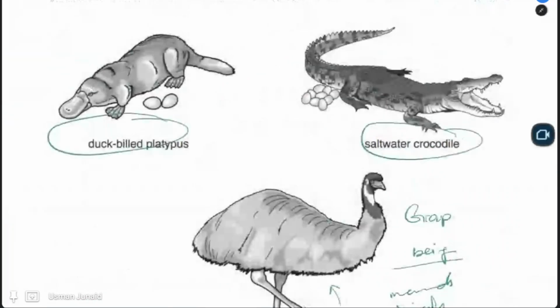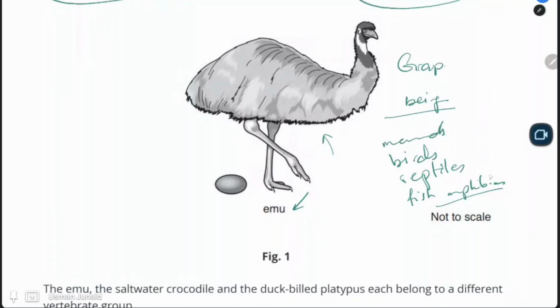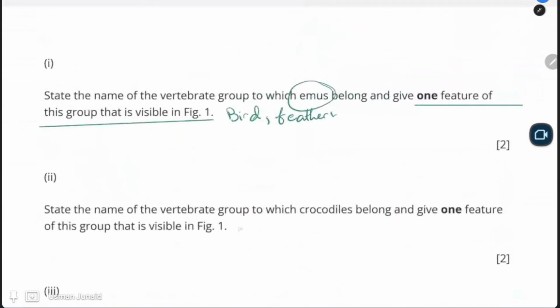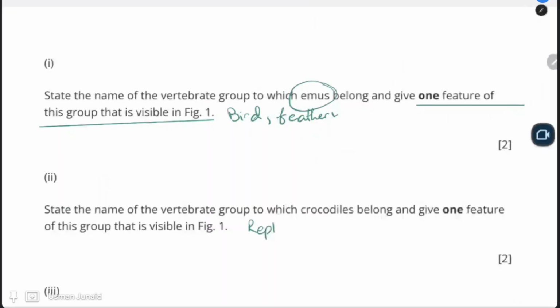Of all of these five groups, which one? Reptile. Yes. So a crocodile is a reptile. What feature does a reptile have?